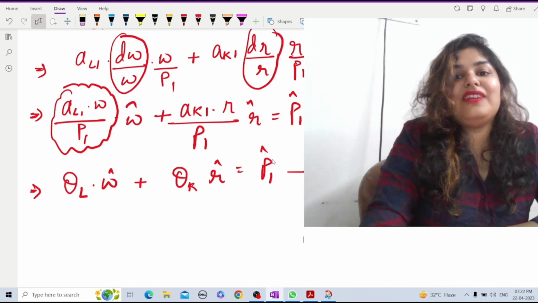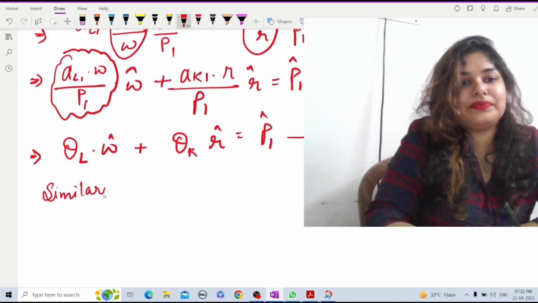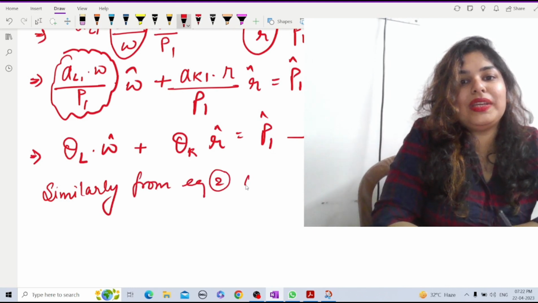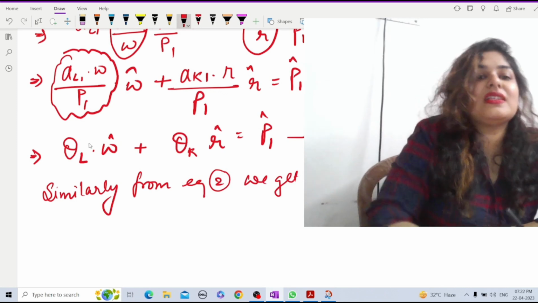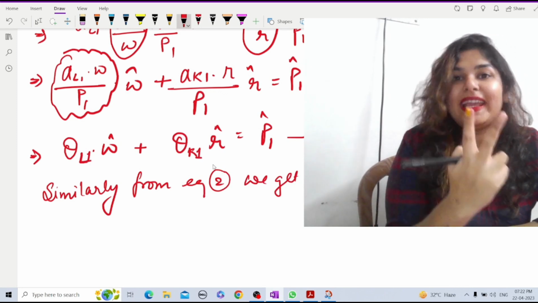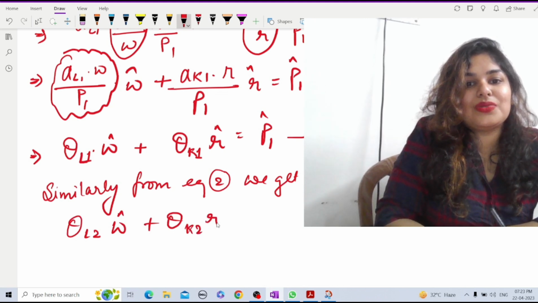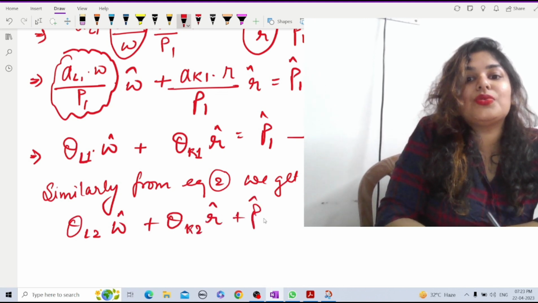So similarly, if we differentiate equation 2, from equation 2 we get, since it is 1, so we will mention theta L1 and theta K1. And for the second commodity, we will get theta L2 into W hat plus theta K2 into R hat equals P2 hat.